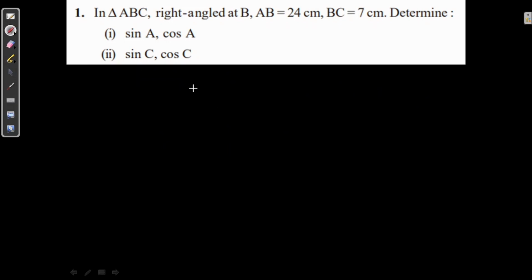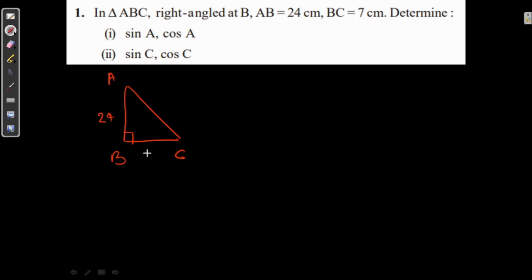Okay, let us see what they are asking in first question. So first question is something what I am going to elaborate. So there is a triangle ABC which is right angled at B. Then they are giving AB is equal to 24, so this side 24 they are giving.